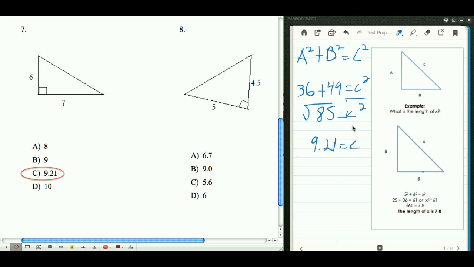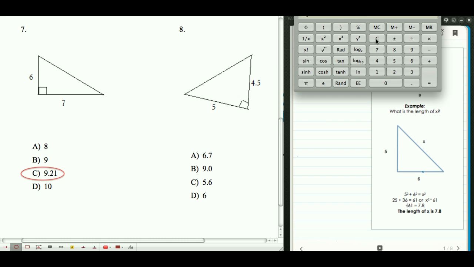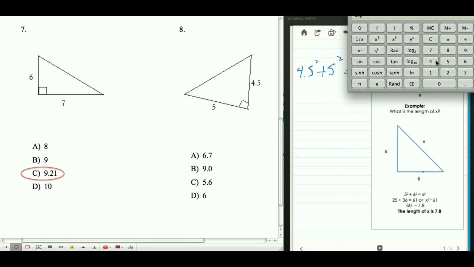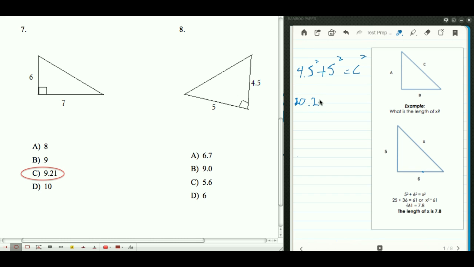Let's look at number 8. Alright, so we know 5 and 4.5 are either going to be a and b because we have that right angle there. So let's see. We're going to have 4.5 squared plus 5 squared is equal to c squared. Let's see on the calculator, practicing that out. So 4.5 squared gives us 20.25. Okay, plus 25.